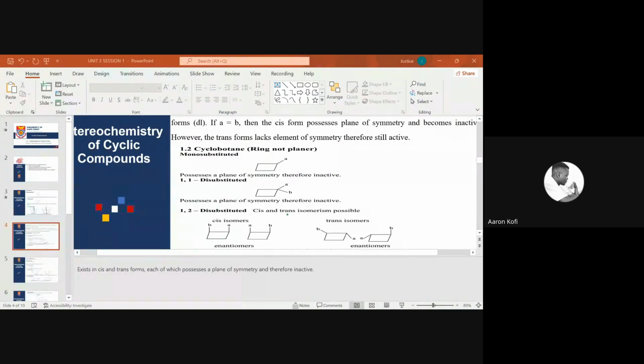The cis, and then the trans part of it, there was no symmetry in the trans. It wasn't superimposable, and it was active. But the second one, I didn't finish.